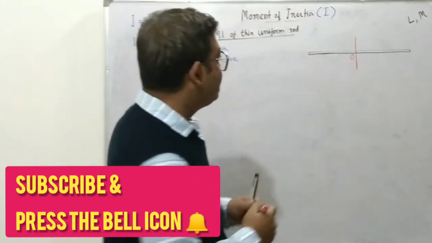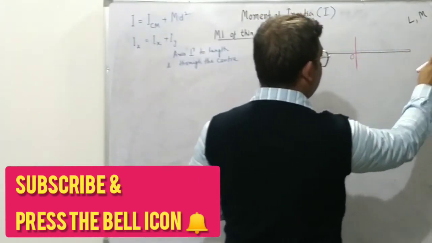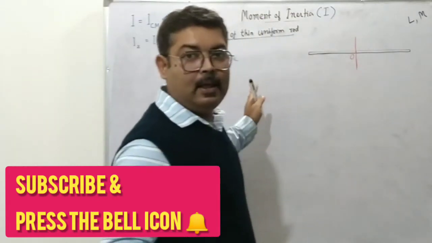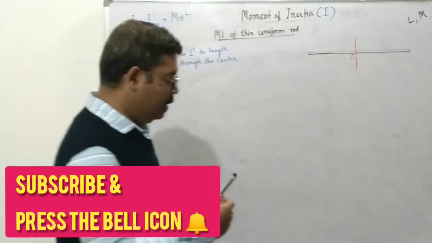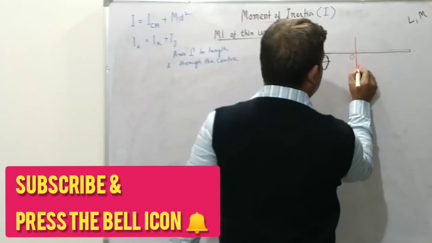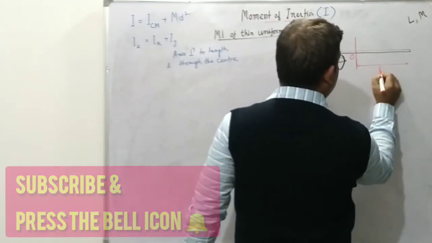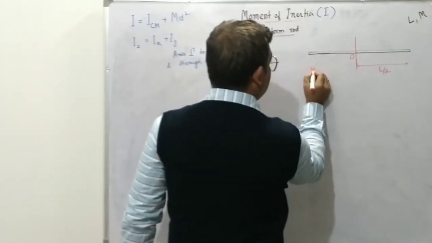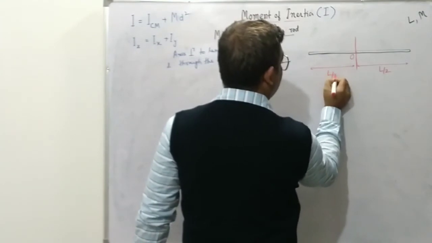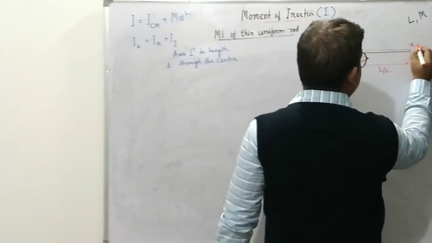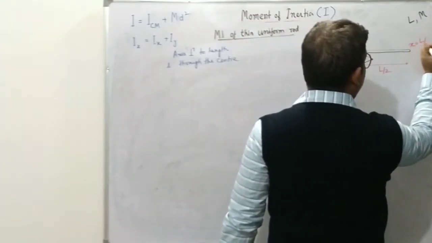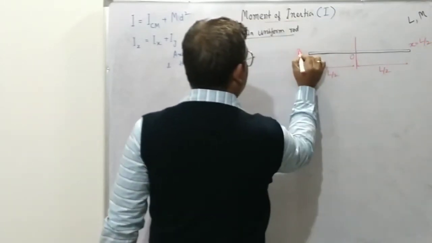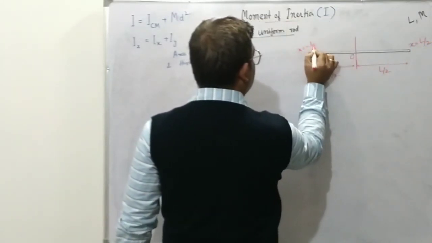So half of the length of the rod is lying in the positive x direction and half of the length is lying in the negative x direction. That is to say, this length is L by 2 and this length is also L by 2, which means if I say it's the x-axis, then the x coordinate of this end will be L by 2 and this end will be minus L by 2.